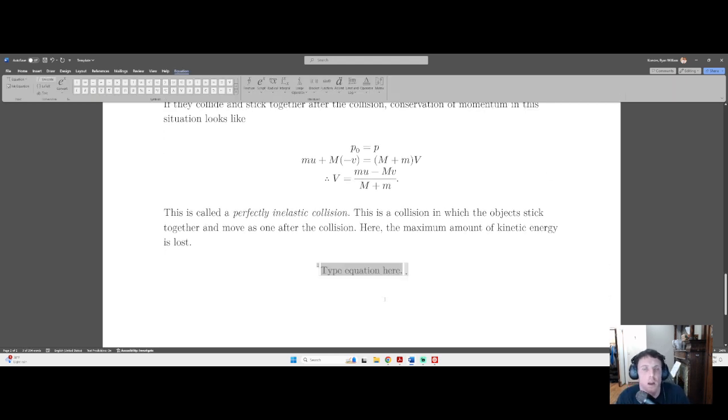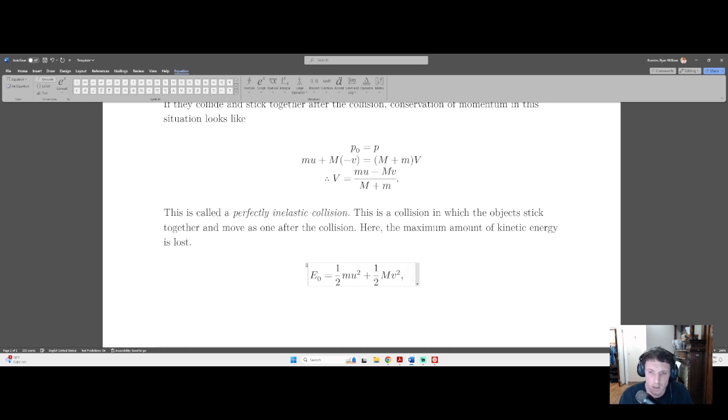We're assuming this happens in one dimension, so we don't have to worry about gravitational potential energy. The initial kinetic energy would be 1/2 mu squared plus 1/2 big M v squared. That's little v.